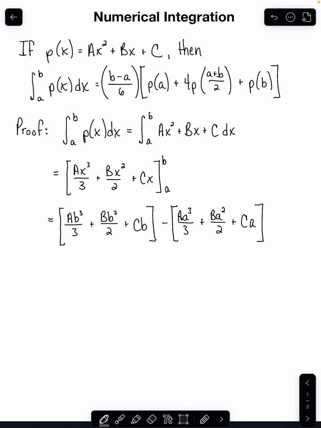Rearranging these terms to put the capital letters together means that we can now have big A times (b cubed minus a cubed) over 3, plus big B times (little b squared minus little a squared) over 2, plus big C times (little b minus little a).